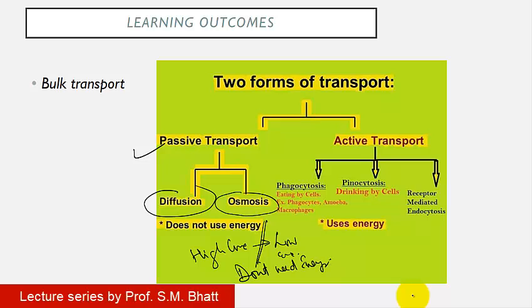If you are talking about active transport, there are two types: phagocytosis, eating by cells like phagocytes, amoeba, macrophages; pinocytosis, drinking by cells; and the third one we have discussed, receptor mediated endocytosis, right?